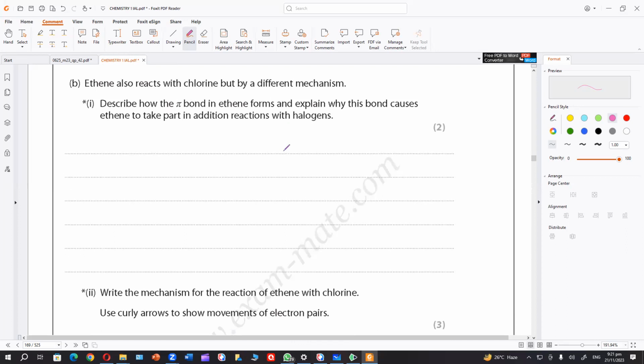Ethene also reacts with chlorine, but by a different mechanism. Is he talking about electrophilic addition?